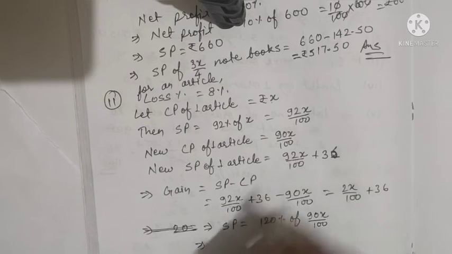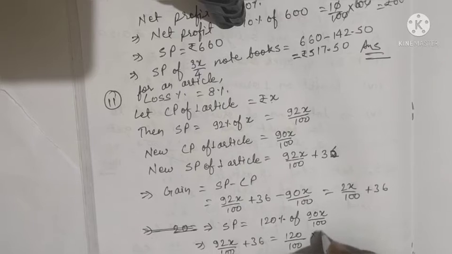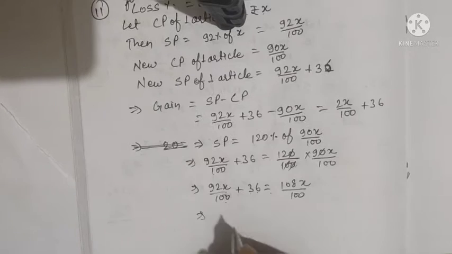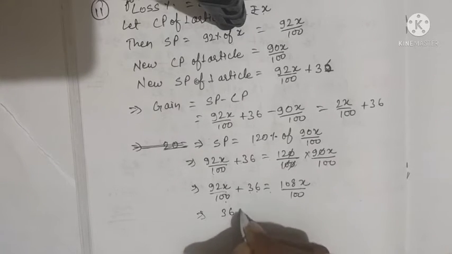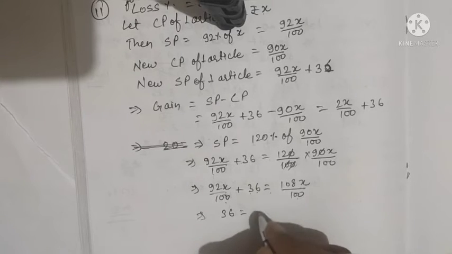Now SP is 92X by 100 plus 36 is equal to 120 by 100 into 90X by 100. Zero to zero cancel. Then it will be 92X by 100 plus 36 equal to 108X by 100. That implies 36 is equal to 108X by 100 minus 92X by 100.